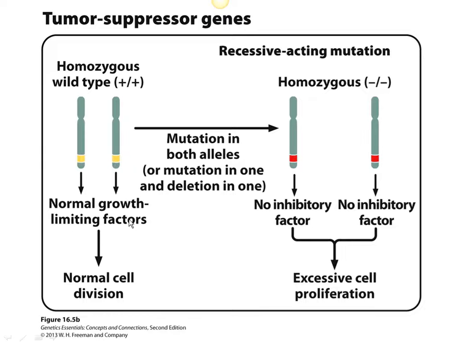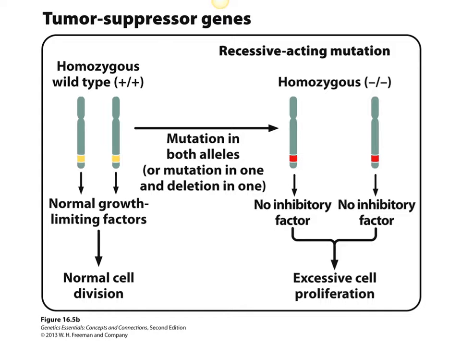And the tumor suppressor genes, when they're functioning correctly, you get normal cell divisions. But if you get a mutation in both copies of the same tumor suppressor gene in the same cell, then you end up with a homozygous mutant case, and that cell will start proliferating in an uncontrolled way.